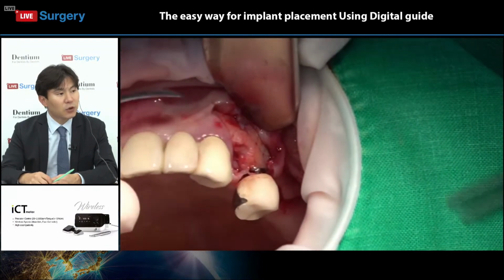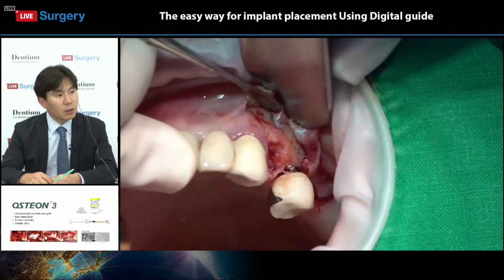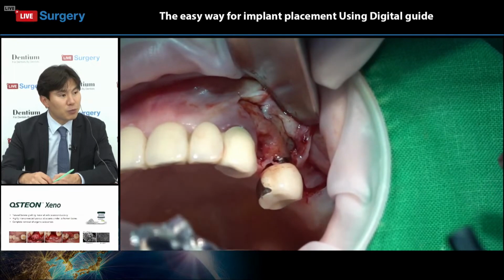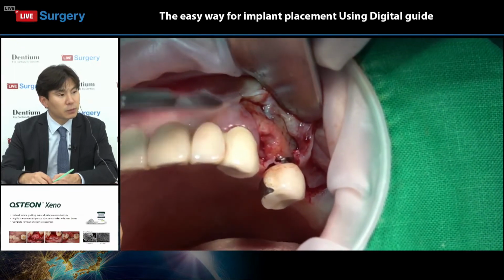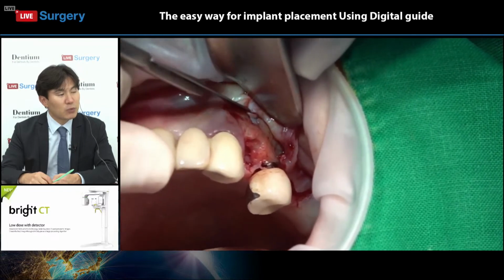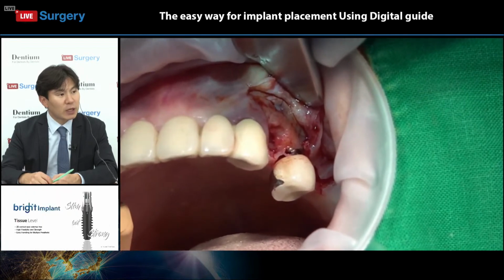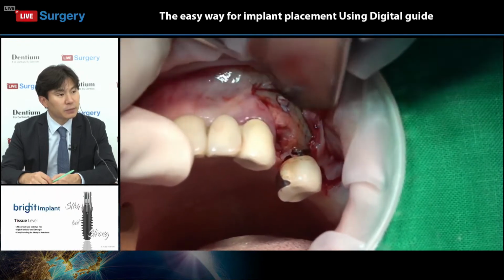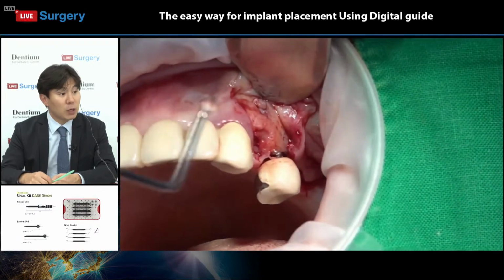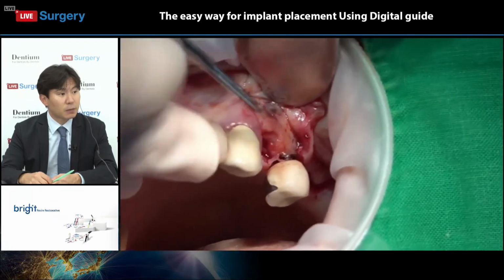And he is further increasing the amount of flap elevation to remove the granular tissue from the penetrated site. And now we can clearly see the penetration defect.